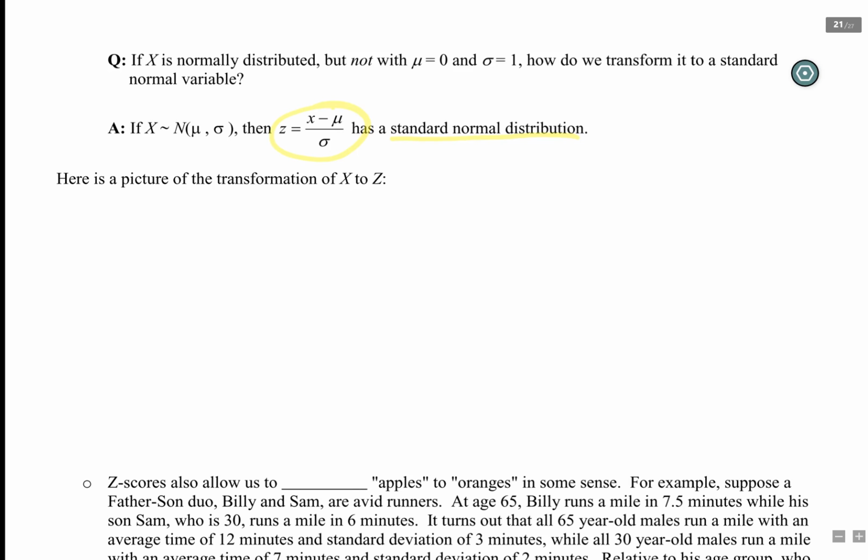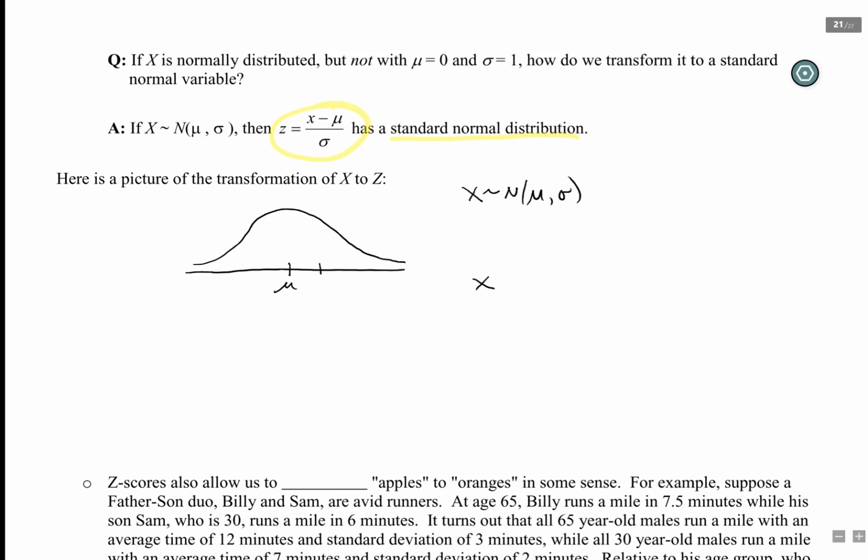Okay, so here's a picture of what's going on. Here's just a run-of-the-mill bell curve centered at mu. This is the distribution of x. Here x is distributed normal with a mean mu, standard deviation sigma.